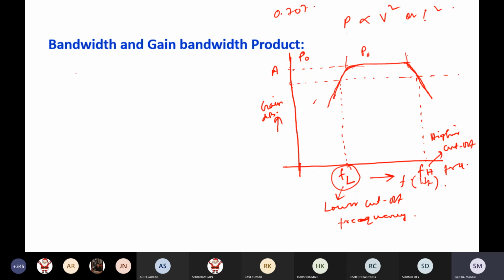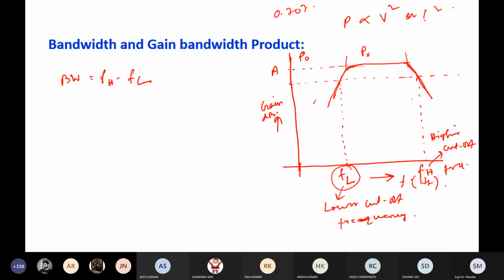Bandwidth is defined as FH minus FL. This is the range of frequency over which the gain, or the power and frequency response characteristics, remain flat or do not change. This is the region where the input-output relationship is linear for the amplifier, and this is known as the bandwidth of the amplifier.